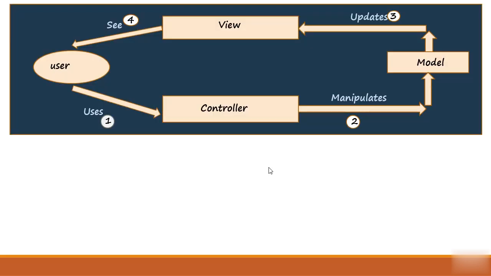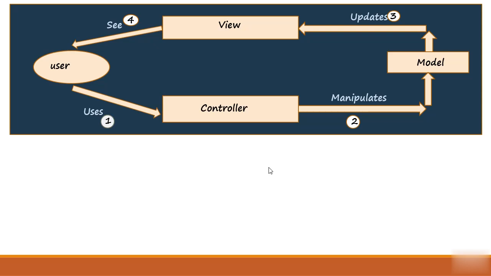So in the diagram, the user uses the controller to validate and perform calculations on the data coming from the user. Then it manipulates and forwards the request to the model layer. The model layer performs CRUD operations, data is forwarded to the database and stored, and the response is forwarded to the model layer.